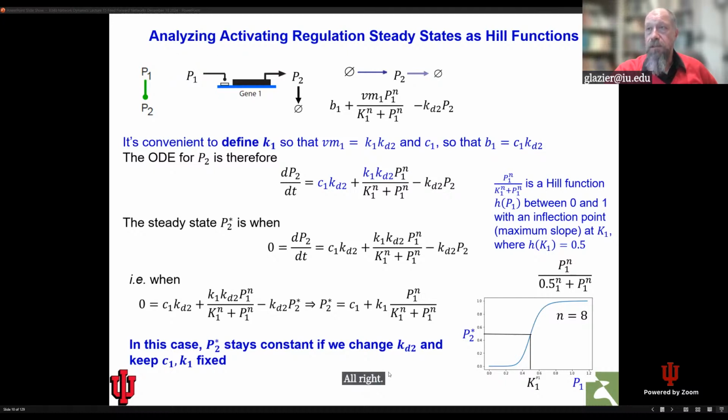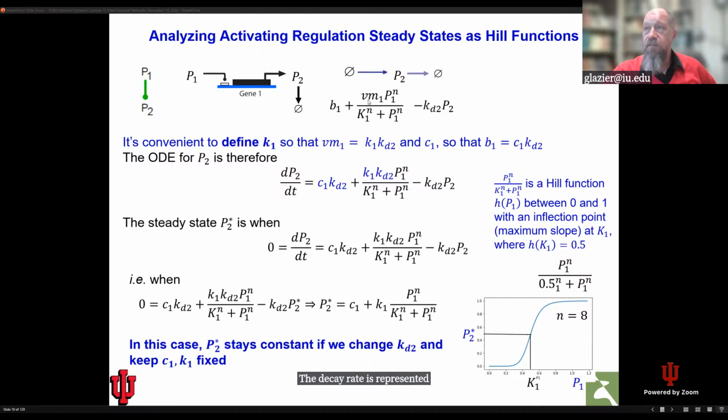So if we write this a little bit differently, as we presented before, it's convenient to rescale things so that the decay rate, which really sets the time scale of the problem, is represented separately.